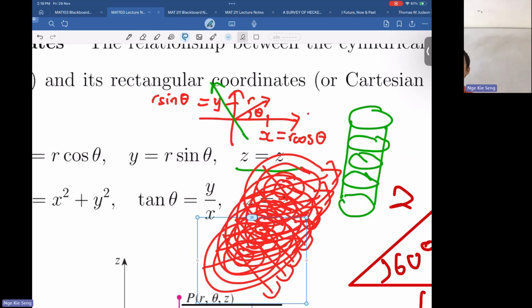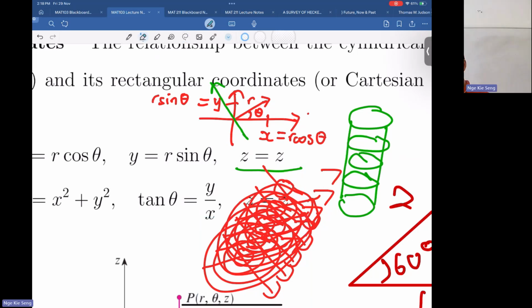You put them together, then you form R3. And if you join these circles together, it's the cylinder. So to go from polar coordinates to cylindrical coordinates, you keep your x and y substitution, but z is the usual z. Okay, so this is cylindrical coordinates.